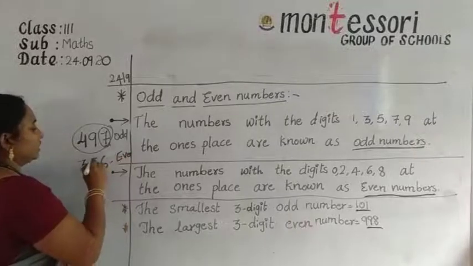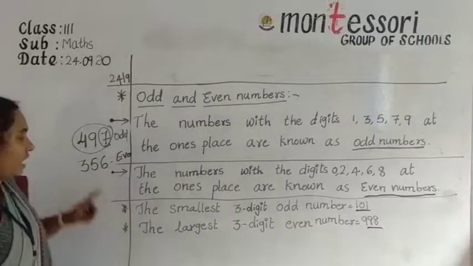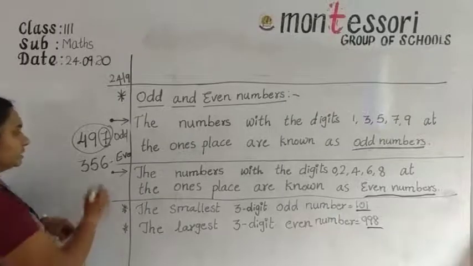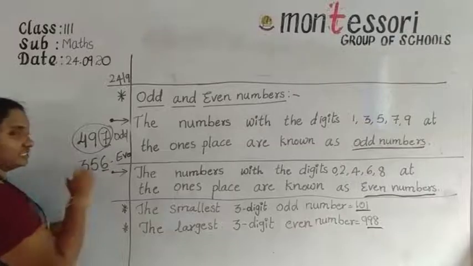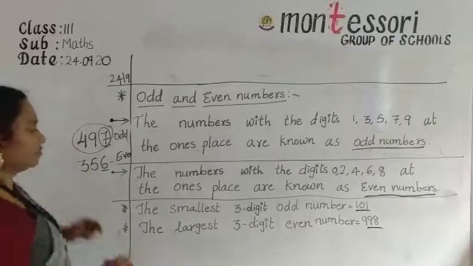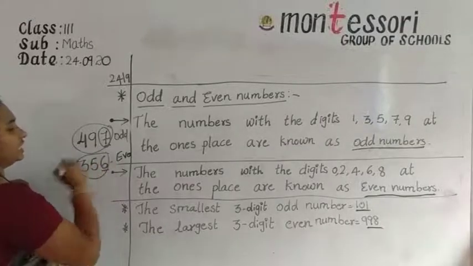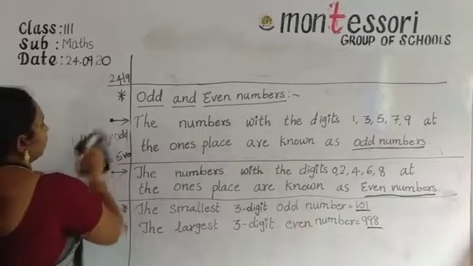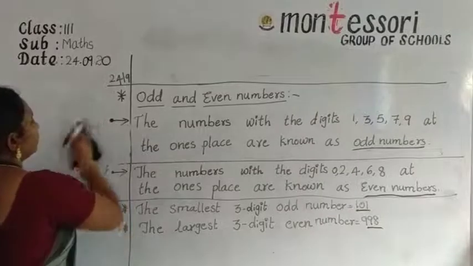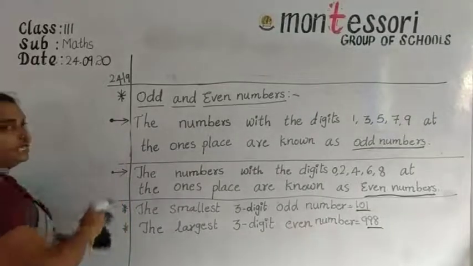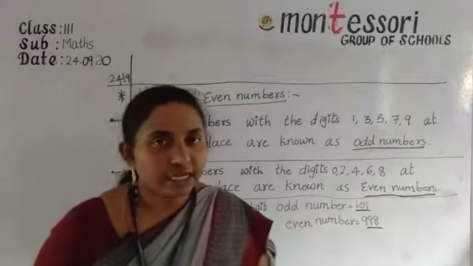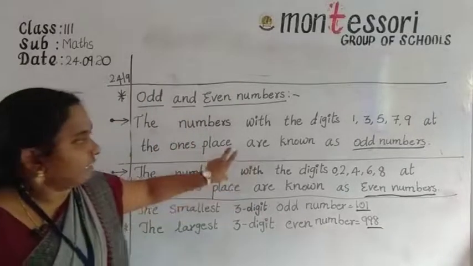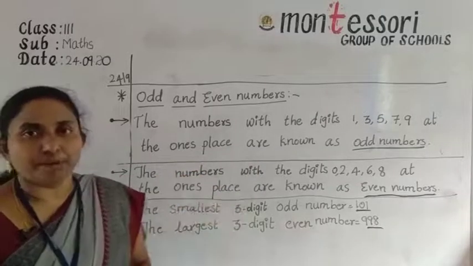In the tens place there is an odd number, and in the hundreds place an odd number, but that is not considered. 6 is an even number in the ones place, so the total number is an even number. Now we understand what odd numbers and even numbers are. In the next class we will discuss odd and even numbers in a detailed way. In this class I would like to explain only the definitions and give some examples.